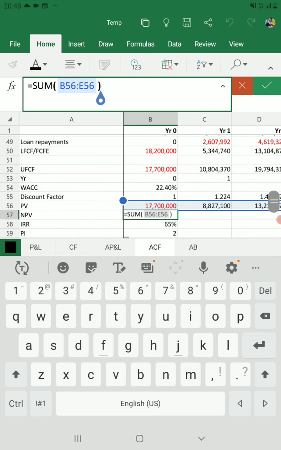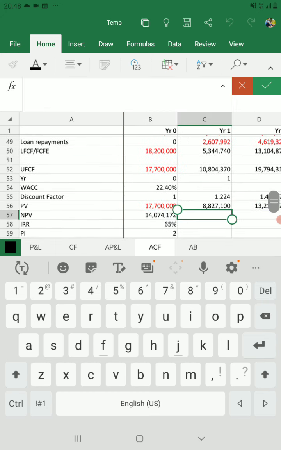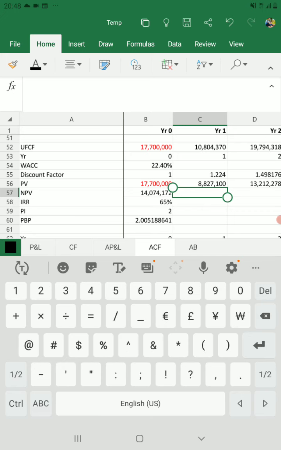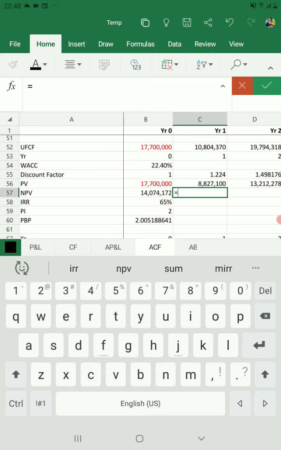The other way to do that would be to use the net present value formula of Excel. So let me just put it here and start with an equal sign, then write NPV.